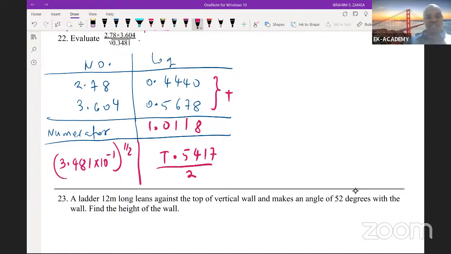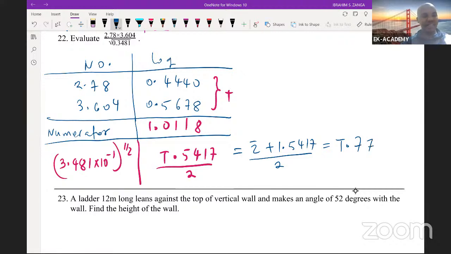Then you are going to divide this by 2. So when we divide this by 2, we're going to take bar 2 plus 1.5417 over 2, and the result is going to be bar 1 point 7709.